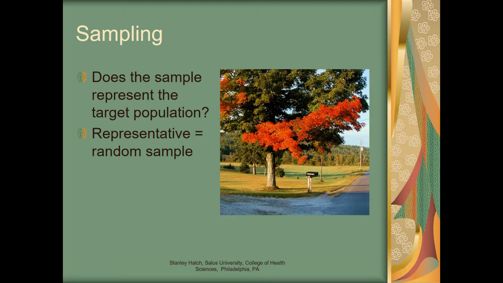So we are going to spend a little time now talking about sampling or selection of subjects. Sampling bias is also known as selection bias. And the big question is that whenever you read any research study, does the sample represent the target population?